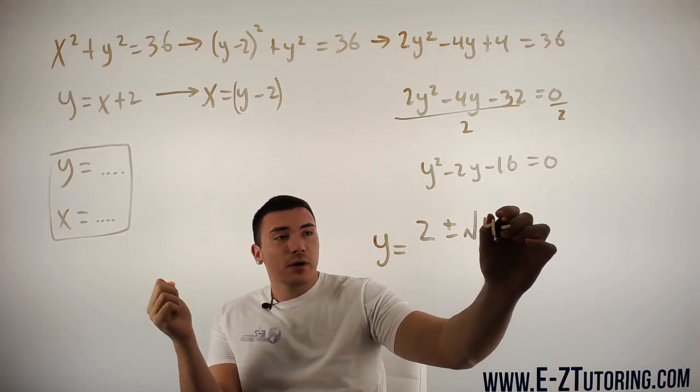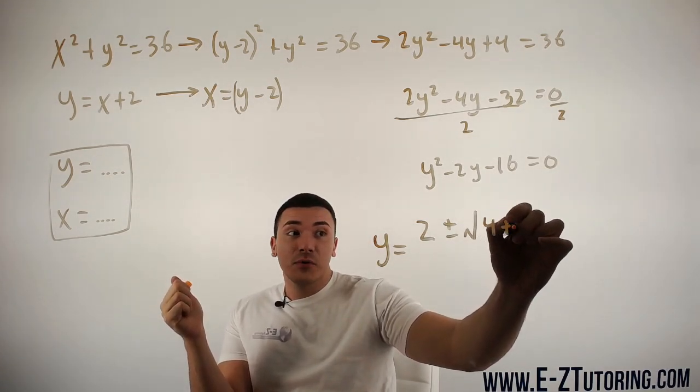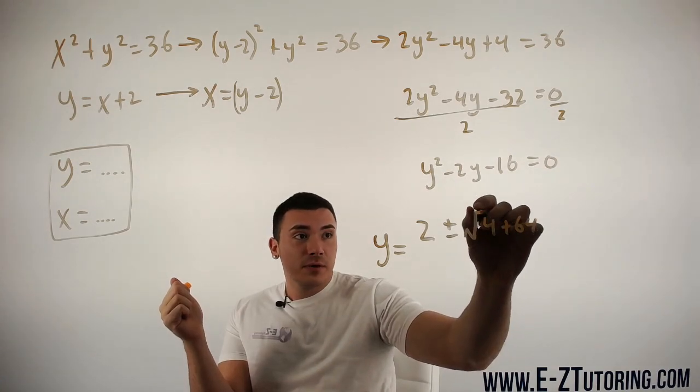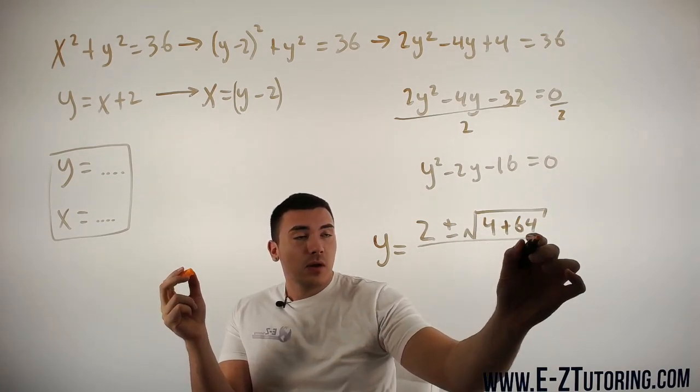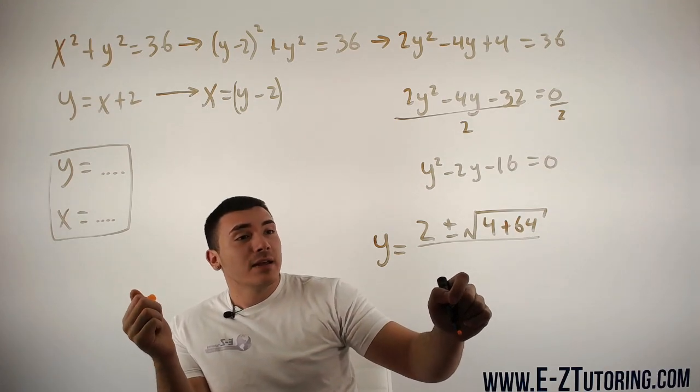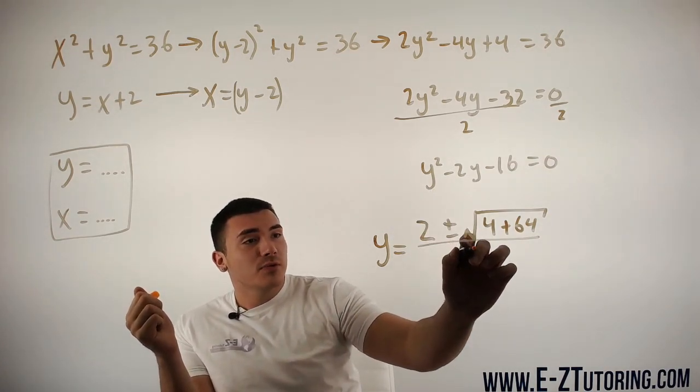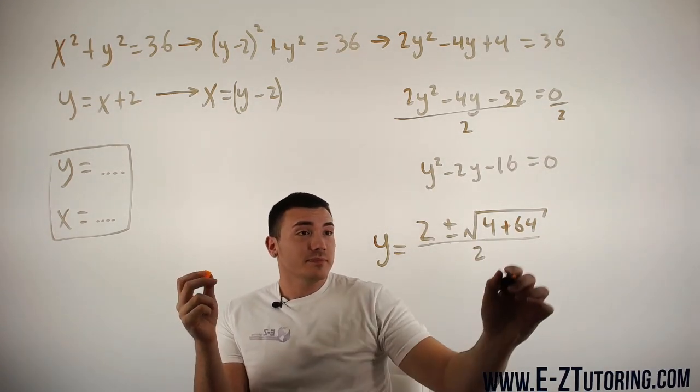So this will be 4 minus negative 64, so 4 plus 64, square root, all over 2a, and a is 1, so 2 times 1 is 2.